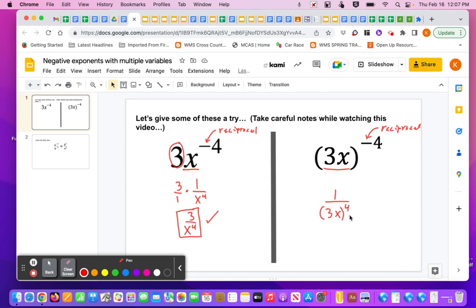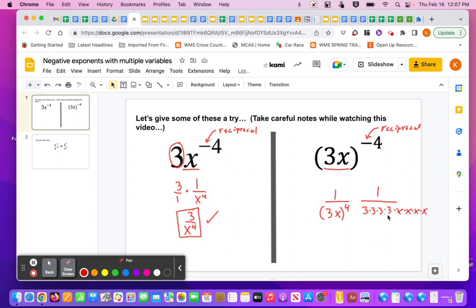So now if I'm really going all the way and simplifying for this one here, I probably want to use my rules of power to power to try to figure this out. If I expand the bottom, this fourth power goes to both of these. So it's really 3 times 3 times 3 times 3 times x times x times x times x.